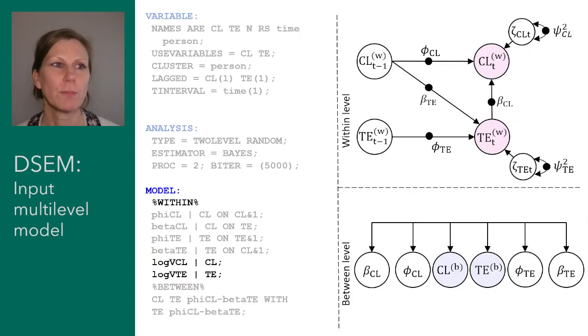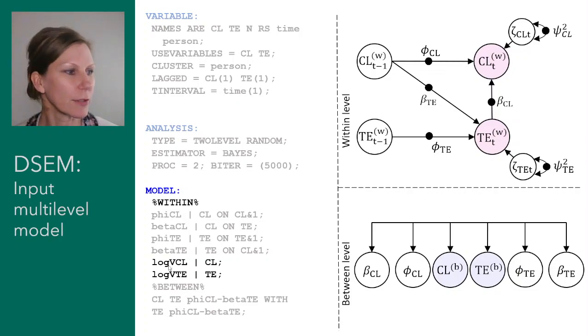That's because we have to make sure that if we draw these random effects from a multivariate normal distribution, they will not become negative, because you cannot have a negative variance. So by taking the log, we ensure that if we go back to the within person level and take the exponent of it, we always get a positive number. That's why I'm using this name, but actually the name is only correct at the between person level.